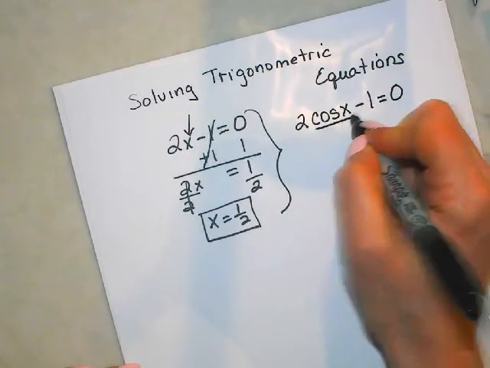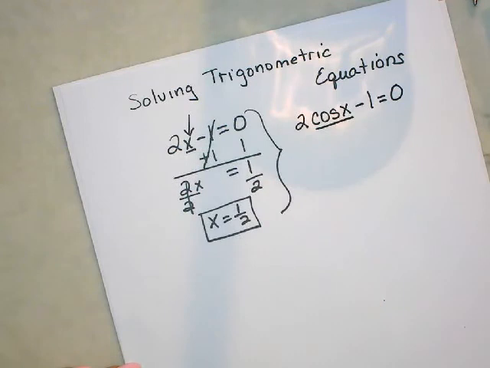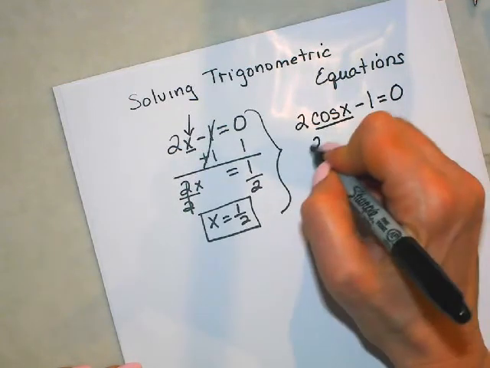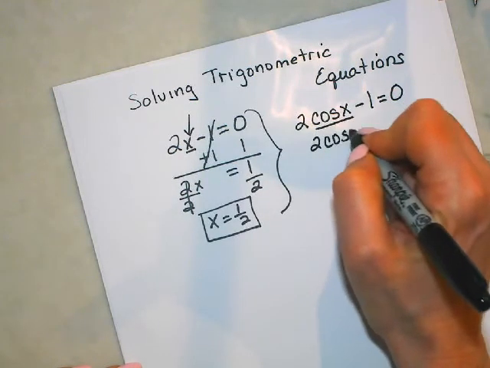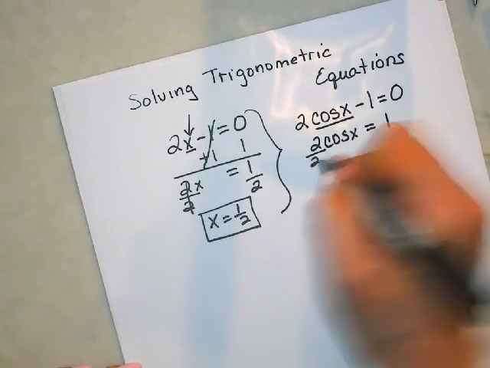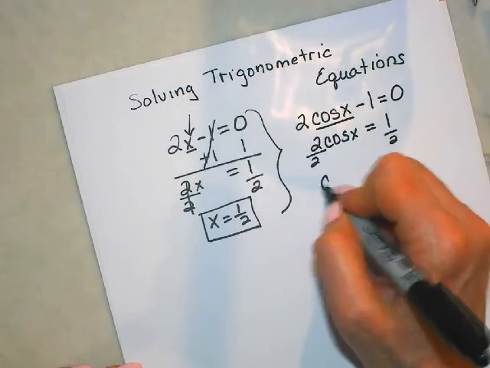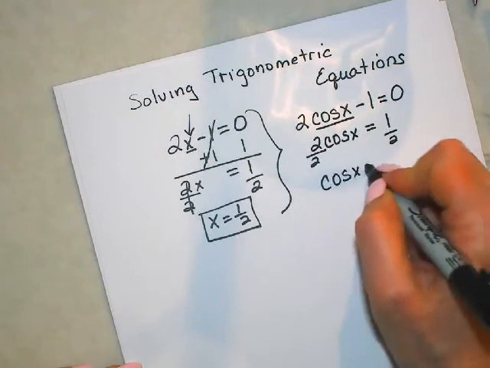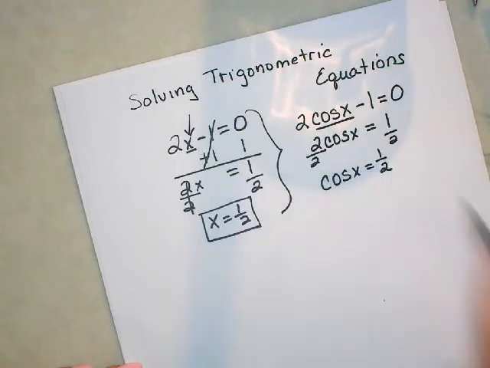Going to still solve for the cosine of x just like I solved for the x here. I'm going to add 1 to both sides. 2 cosine x equals 1. Divide both sides by 2. Cosine of x equals 1/2.